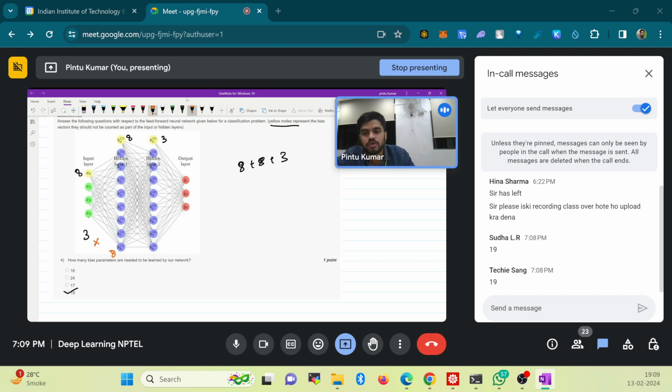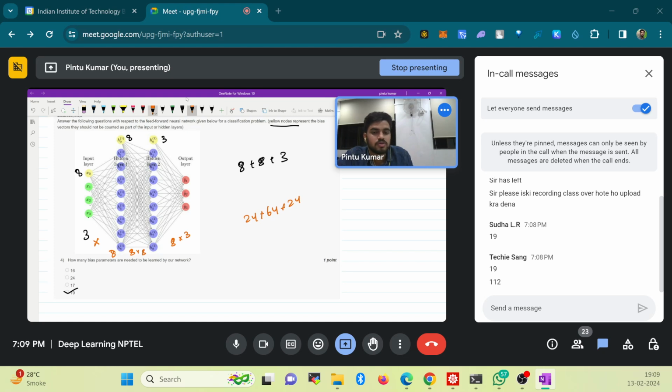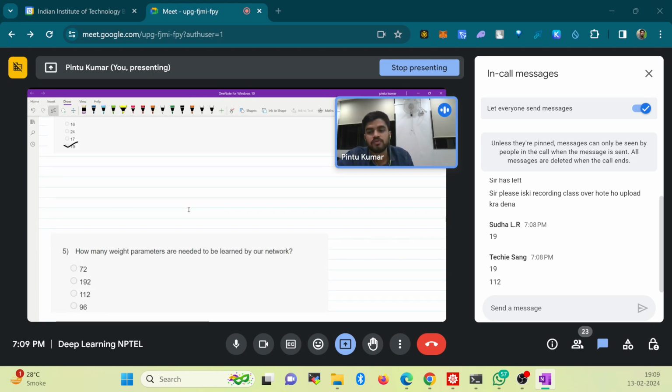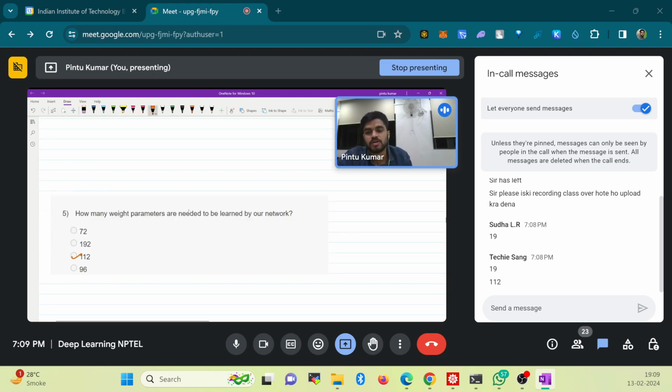So there are 24 connections over here. This is 8 cross 8, there are 64 here. Then 8 cross 3. So this is 24 plus 64 plus 24. This should be 112. Yeah, somebody got there. So there are 112 parameters that need to be learned.